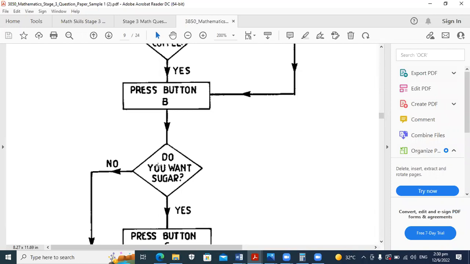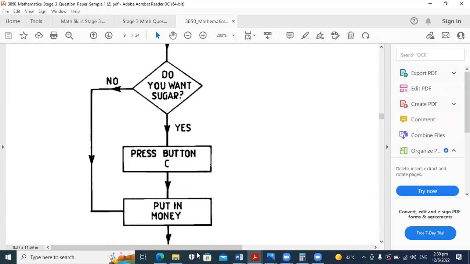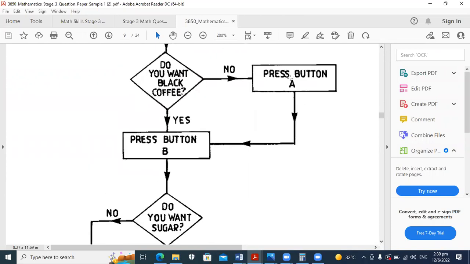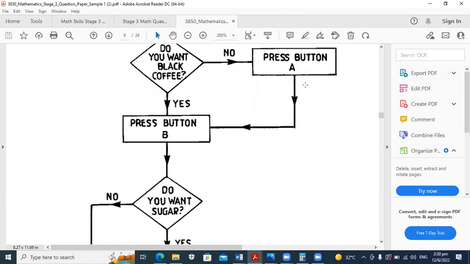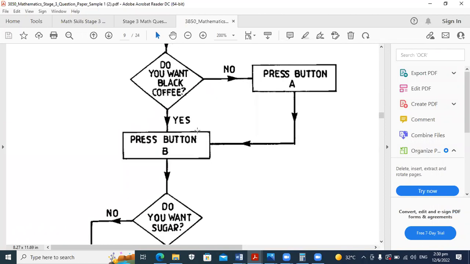No. So when it says no, you put in the money. So the answer would have been you press A. Well, it will have to be B, because there's no other button to press.